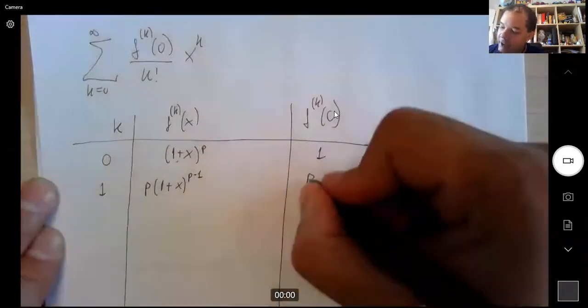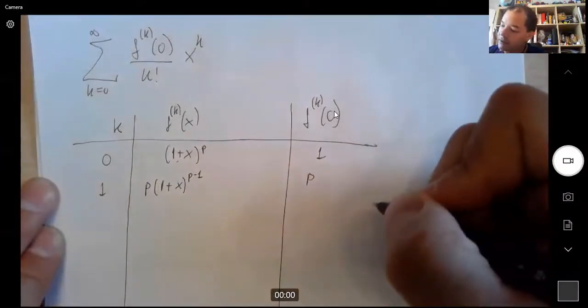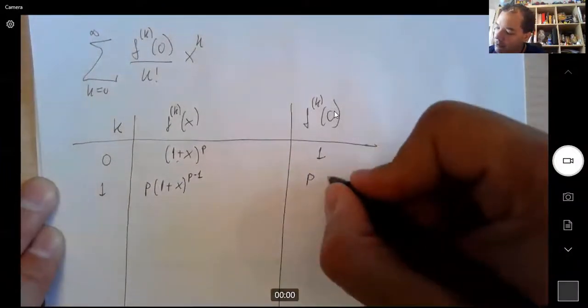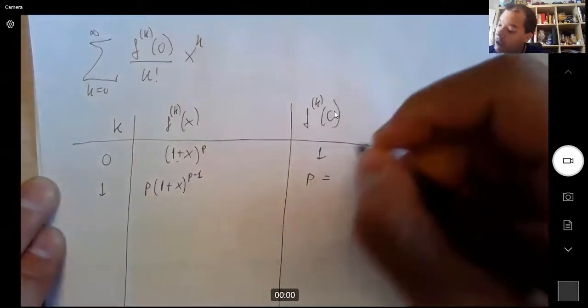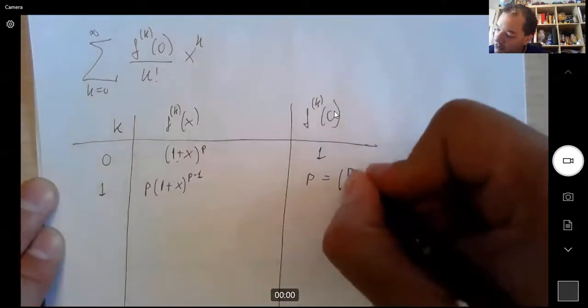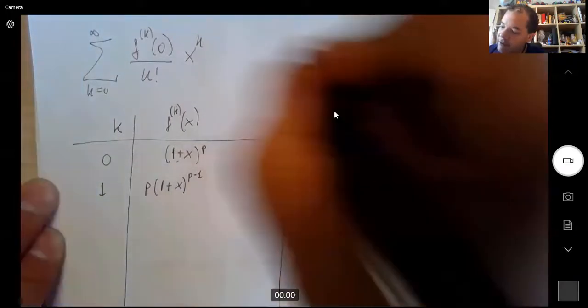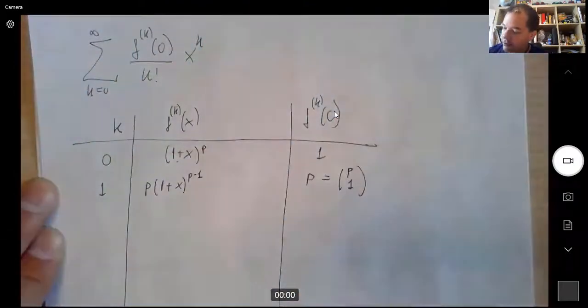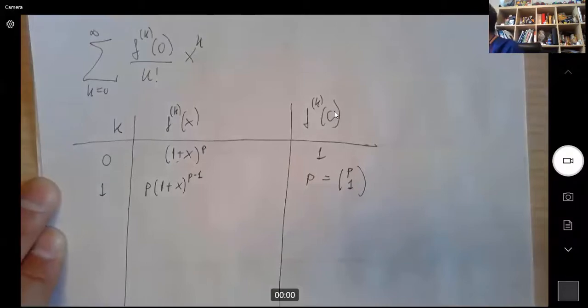You get p, right? Now, this p, by the way, is the same as p choose 1. Let me write the definition over here on the right of what p choose k is, to remind you.